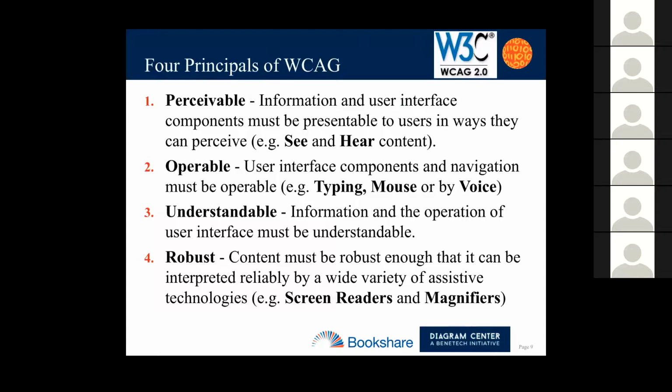Understandable: it's got to make sense. It's got to be, you know, in a correct flow. Without being understandable, you're in big trouble. And robust. So you need to be able to support a number of different assistive technologies. So your content should be accessible using a screen reader or a magnifier. So that's what robust is for.